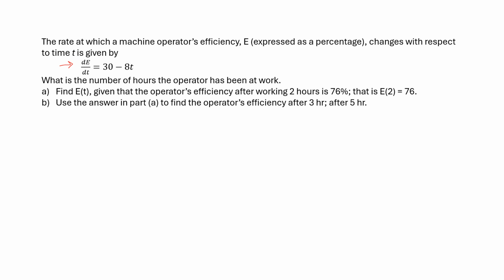What is the number of hours the operator has been at work? So for step A, it wants us to find E of t, given the operator's efficiency after working 2 hours is 76%. In other words, E of 2 is equal to 76.